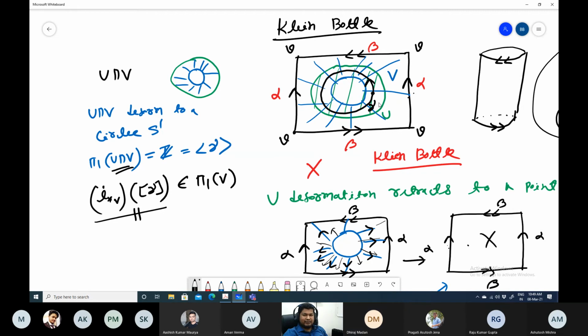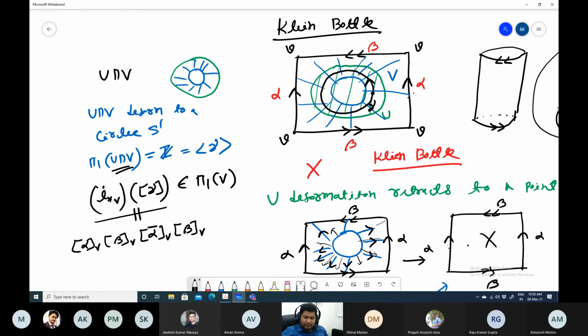Exactly. Now is it clear to everyone? Now that will be alpha in V, beta in V, alpha bar V, beta V. So that will be this. Is that clear to everyone?